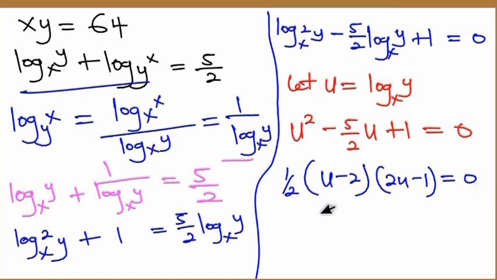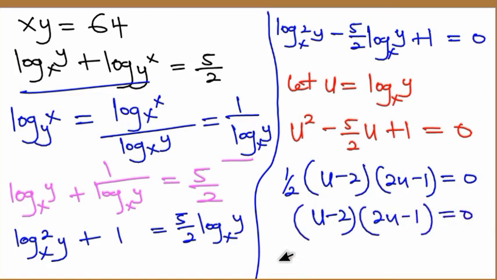So our remaining equation after factorization is u minus 2 multiplying 2u minus 1 equals 0, where my u equals 2 or u equals 1 divided by 2.